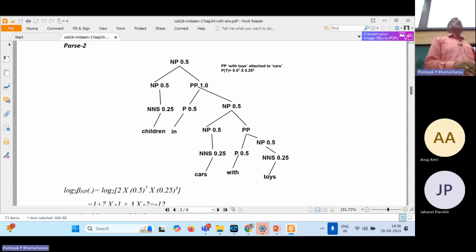Notice that time complexity is always worrying about worst case time complexity. So in the worst case, you can have a full binary tree. Can you give an example of a full binary tree for a sentence? Grammar is in Chomsky normal form, and the tree is a full binary tree. What kind of sentence will this be?